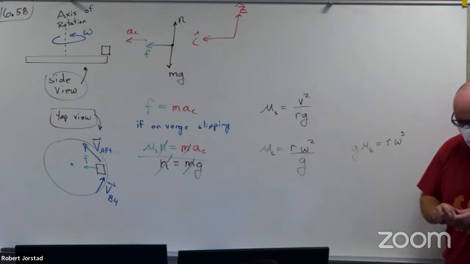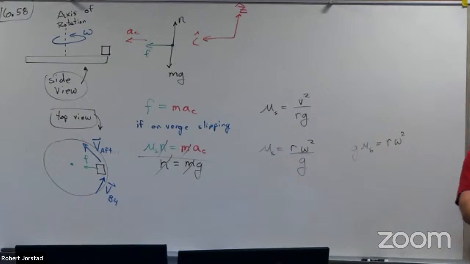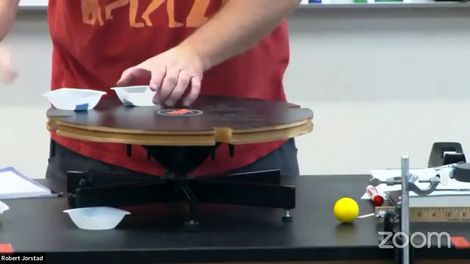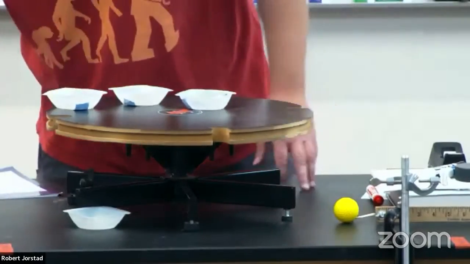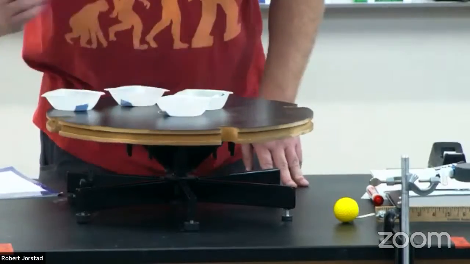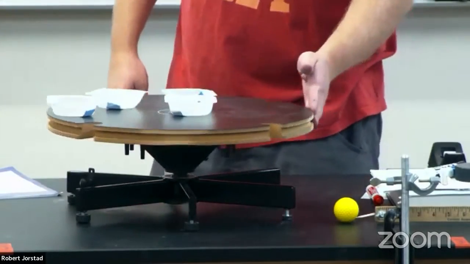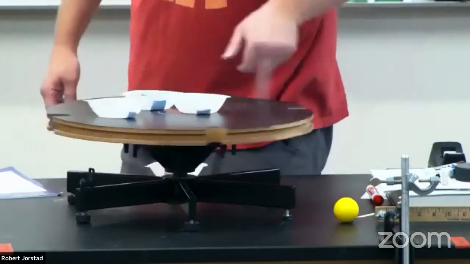How can I prove that to you? What could I do? Doesn't matter what order I put these in, right? The one closest to the edge should fall off first, right?